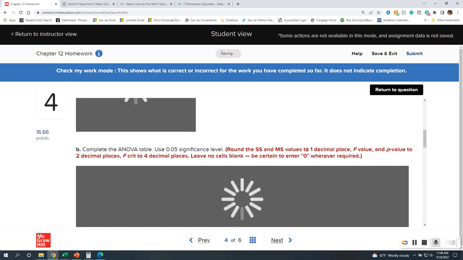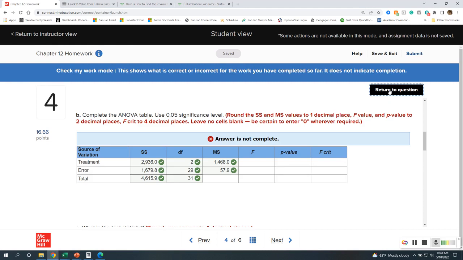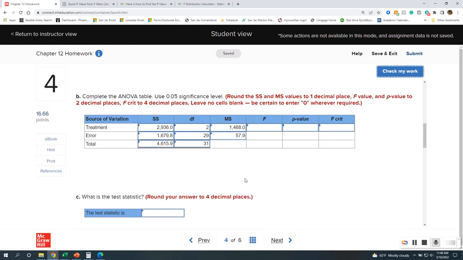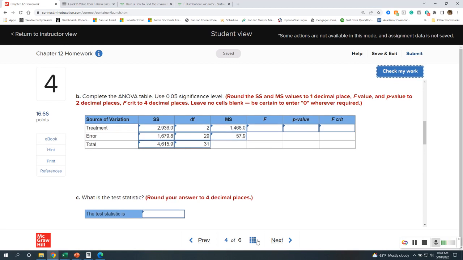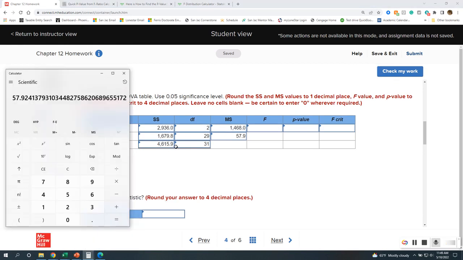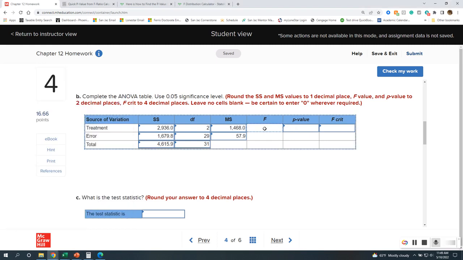Okay, again, always check. Make sure we're okay. Now we just divide these two. And we're left with 25.4. Or is it two values?